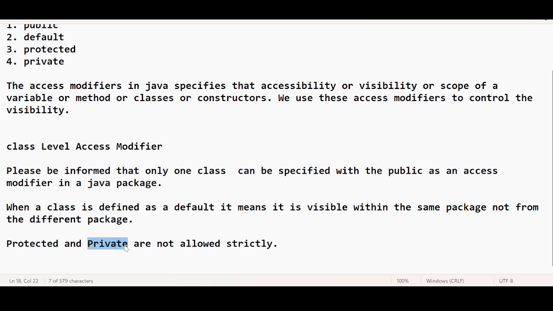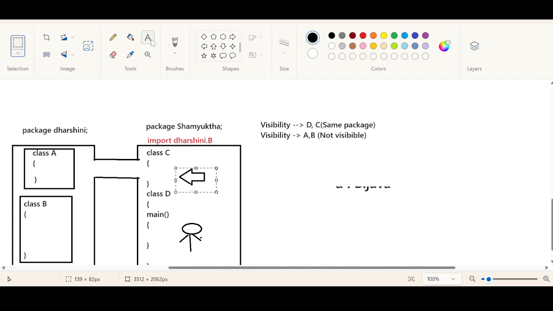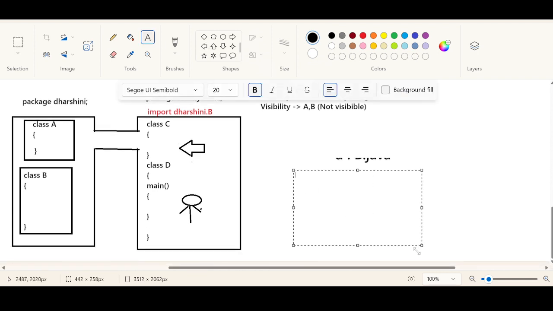But why is private not allowed? When you give the access modifier as private to a class, it means this class becomes completely invisible, within the same package as well as outside the package.